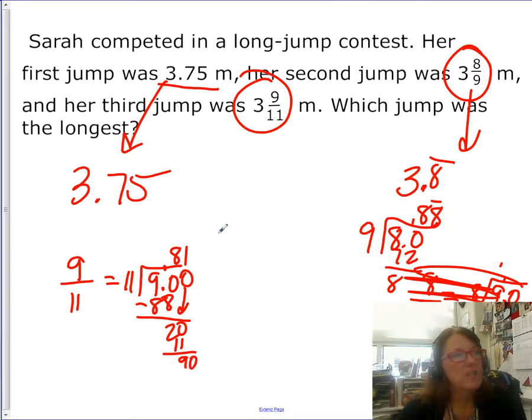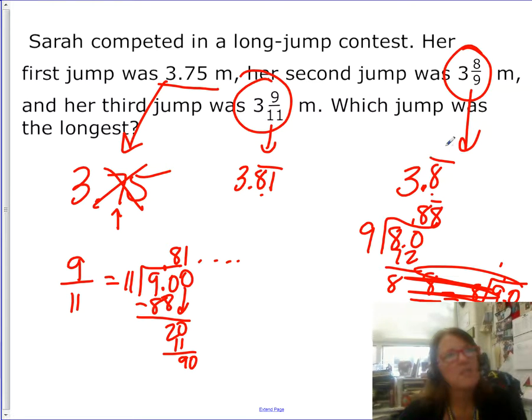I get a 9 again. And as you keep dividing, this ends up being 3.818181. So which one is the longest? Not that one. Both of these have 8s in the 10th position, but this one has 8s in the 100th position. So 3 and 8/9 meters is the longest.